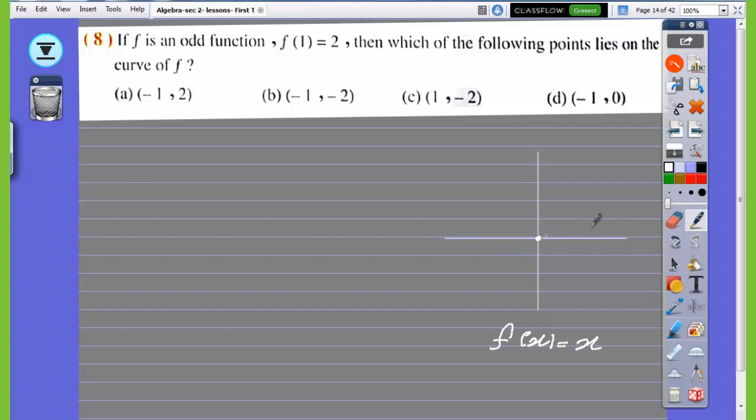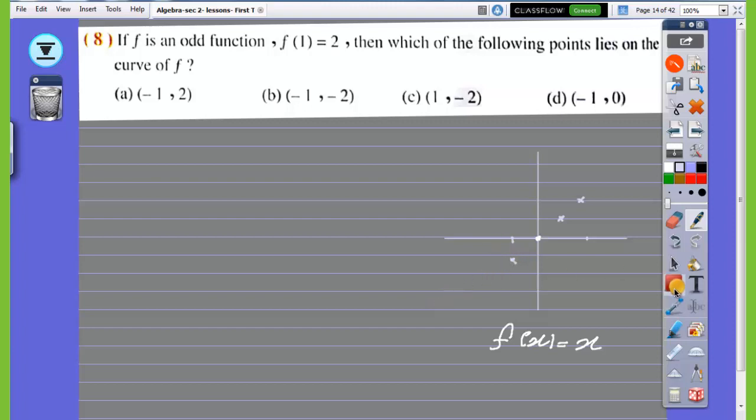Here is a point, 1 and 1, another point when x equals 1. So f of x equals 1, 2 and 2, also negative 1 and negative 1 here, negative 2, and so on.